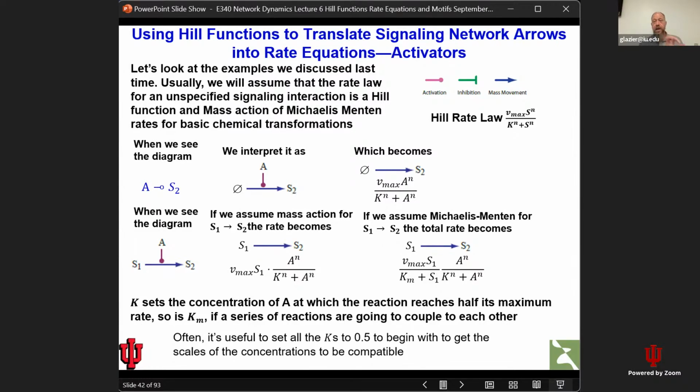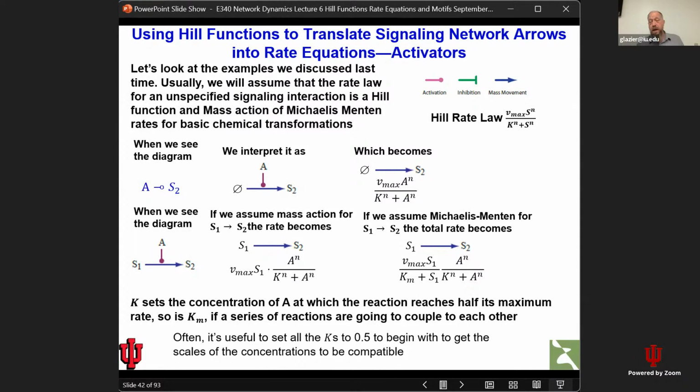If we're going to have a lot of reactions that are going to interact with each other, the product of reaction 1 affects reaction 2, the product of reaction 2 affects reaction 3, the product of reaction 3 affects reaction 4, we want to be able to wire things together. Then we need all of our ranges of our S's and A's to be compatible with each other. Just the way if we're doing digital electronics, the voltage that defines a 1 or a 0 has to be standardized if we're going to be able to interconnect things.